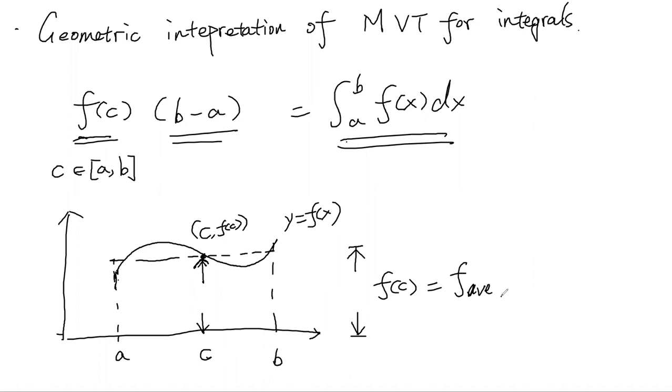Any questions here? So basically, it tells you there exists some point between a and b such that f of c is equal to f average. And usually the questions related to the mean value theorem require you to find the average.